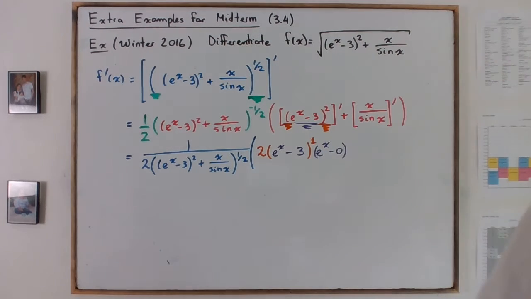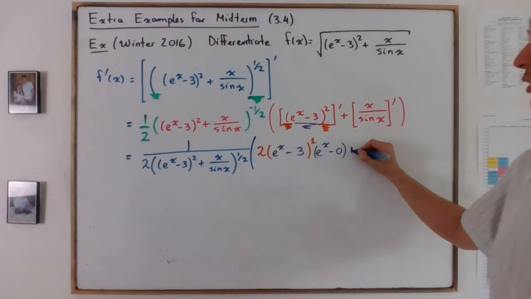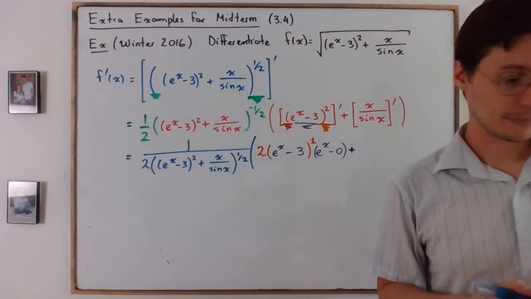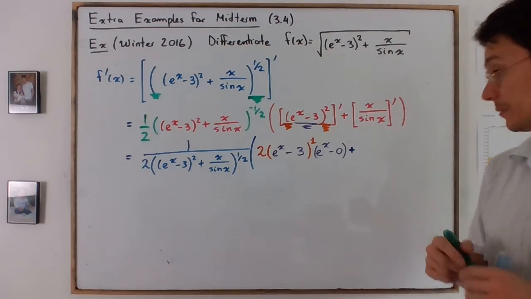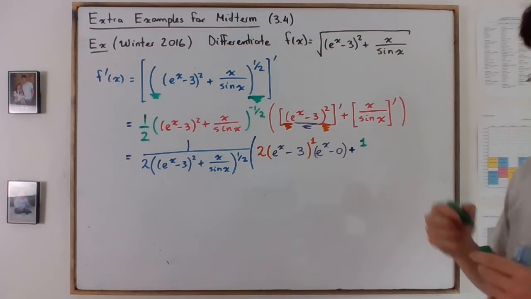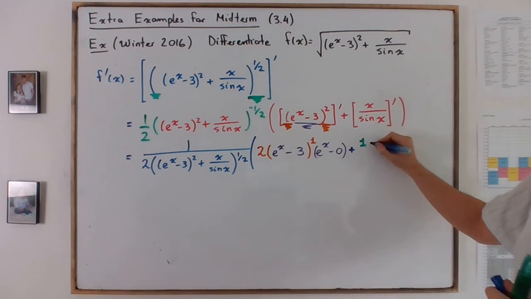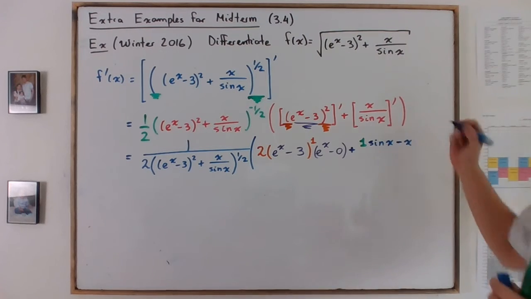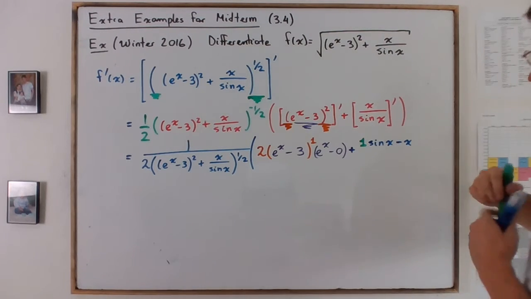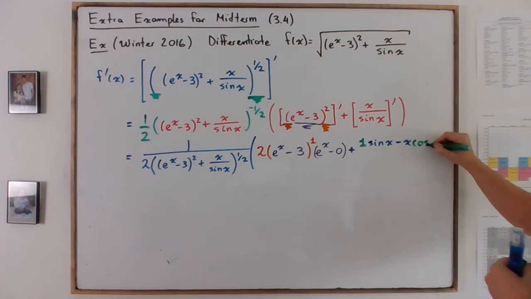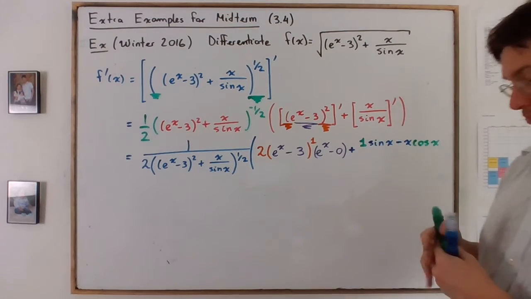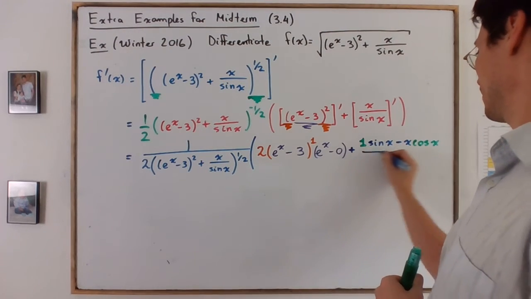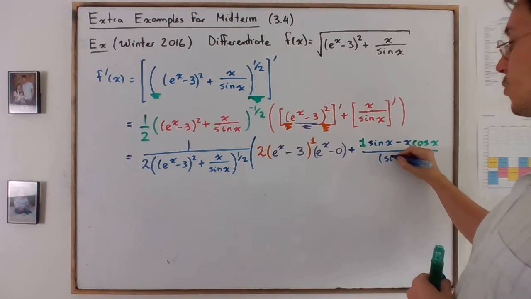And finally, on this, you will use the quotient rule. Quotient rule: derivative of the top times the bottom, minus the top times the derivative of the bottom, over the bottom squared.